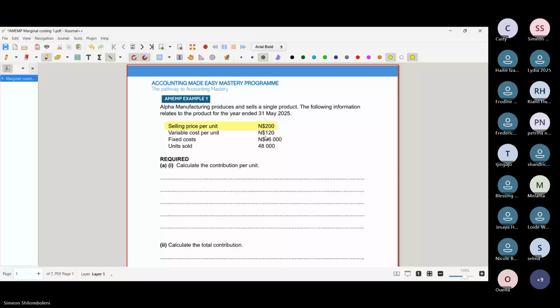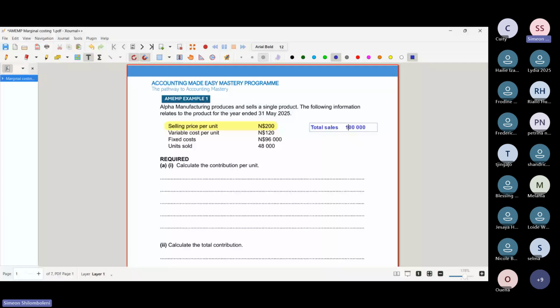Okay. The selling price is given as clearly as possible, but in some questions, the selling price might be given in a complicated way that you might have to figure out how to get it. For example, they will just tell you that the total sales is 100,000.